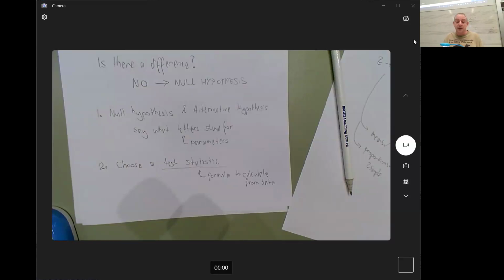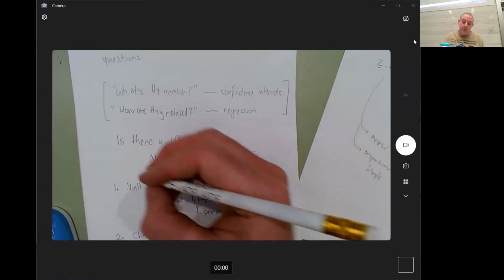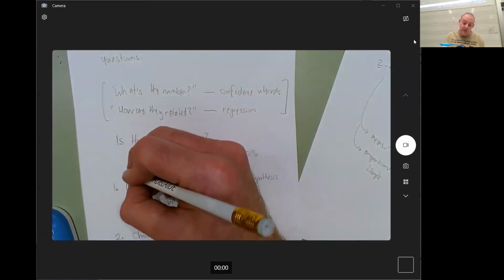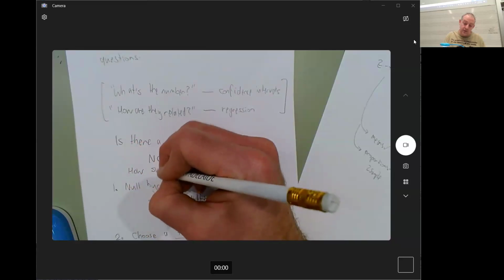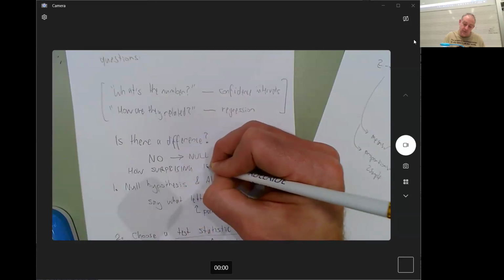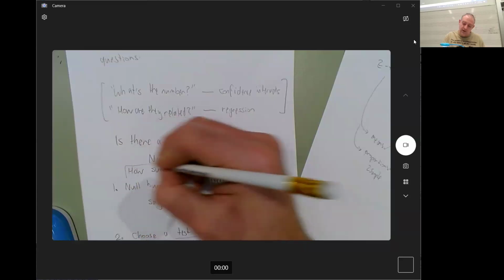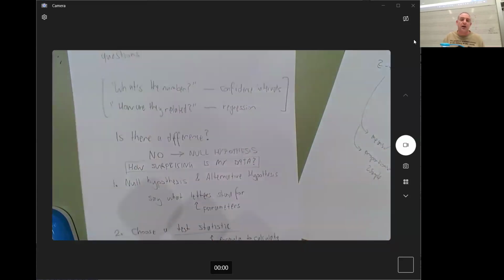That's the big idea. So actually the big idea that we're trying to get at is how surprising is my data? That's the question that we're going to try and ask.